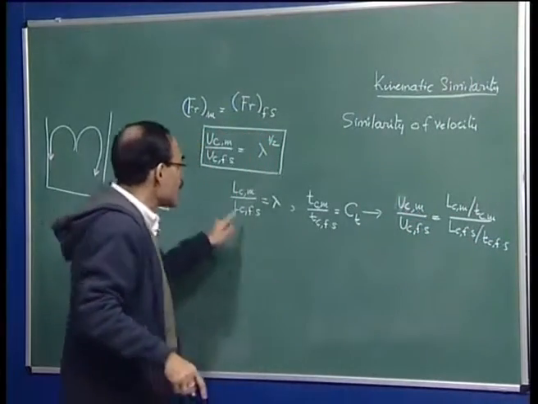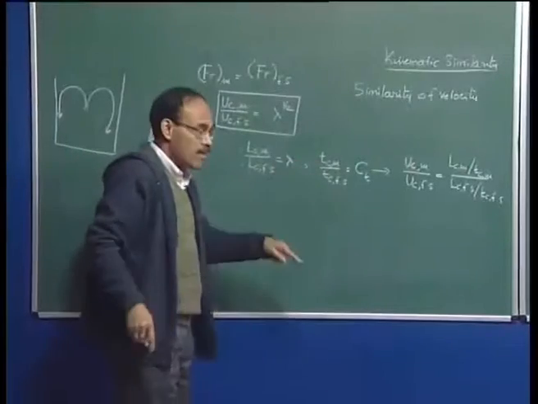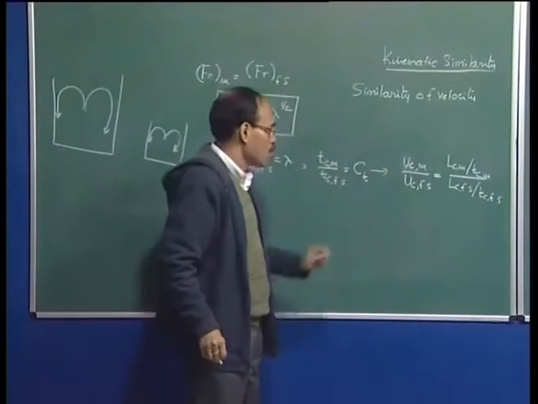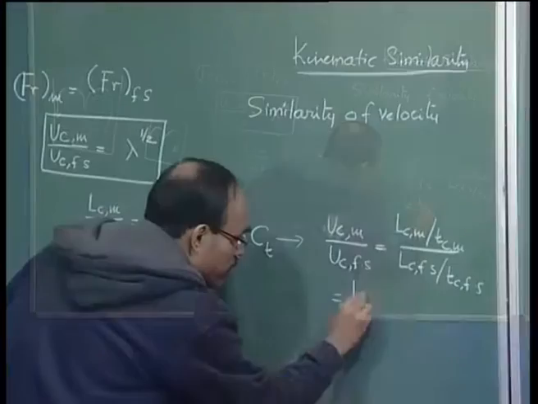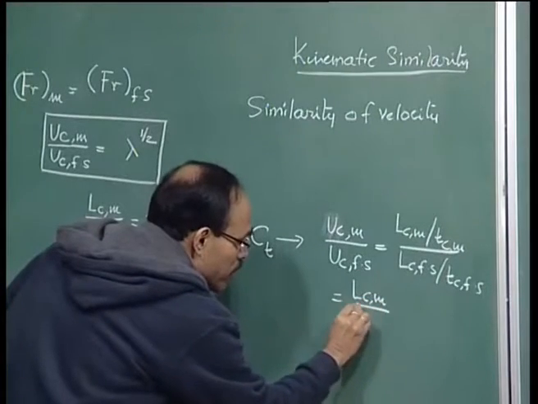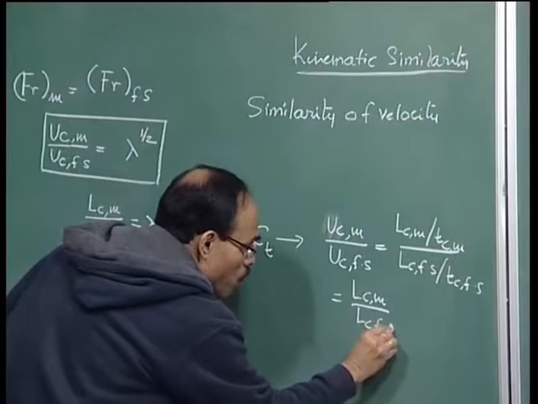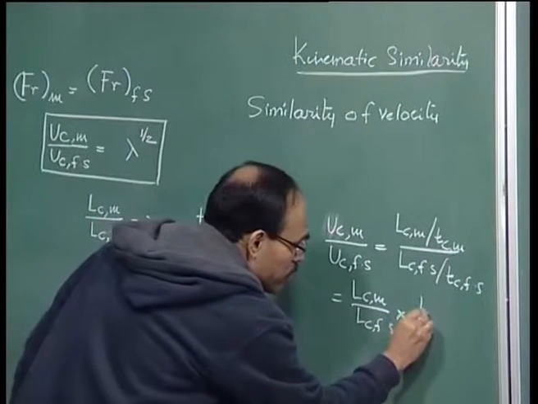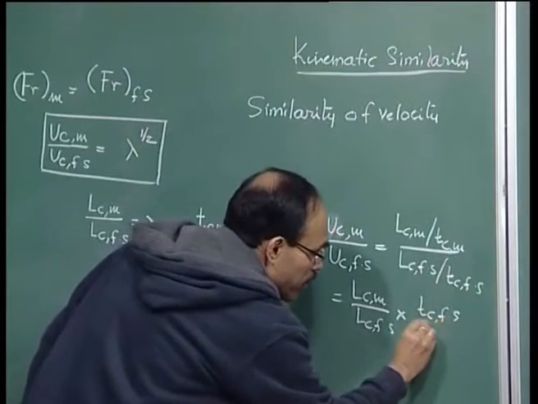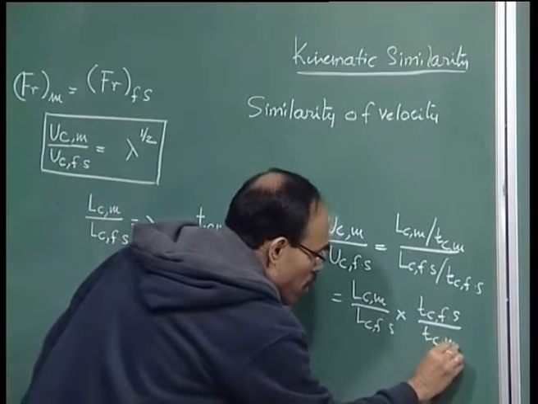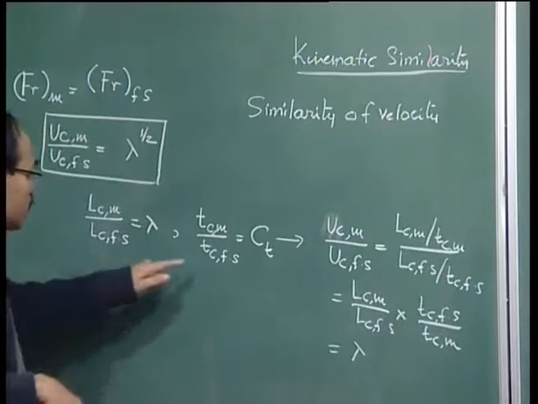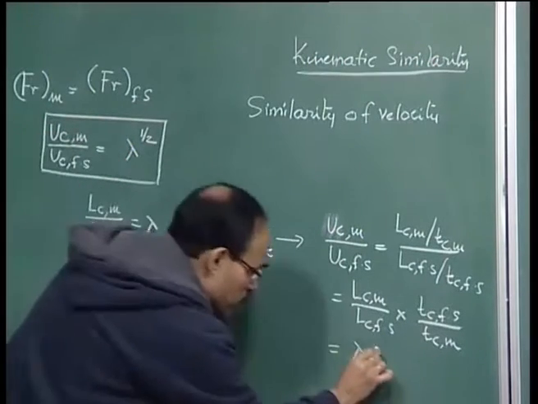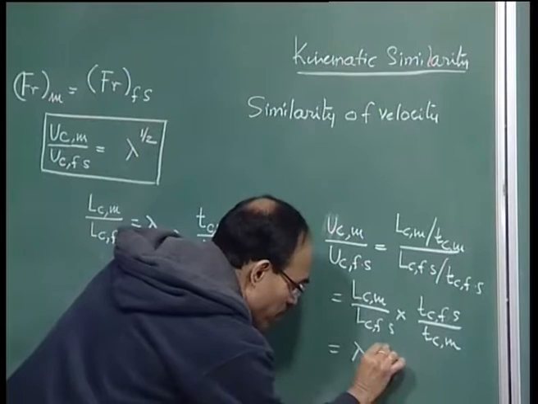So, once these proportionalities are maintained, I should be able to find out the corresponding ratio. Therefore, this is equal to L characteristic model by L characteristic full scale into T characteristic full scale by T characteristic model, and this I have seen to be equal to lambda, and this is equal to C sub t inverse.